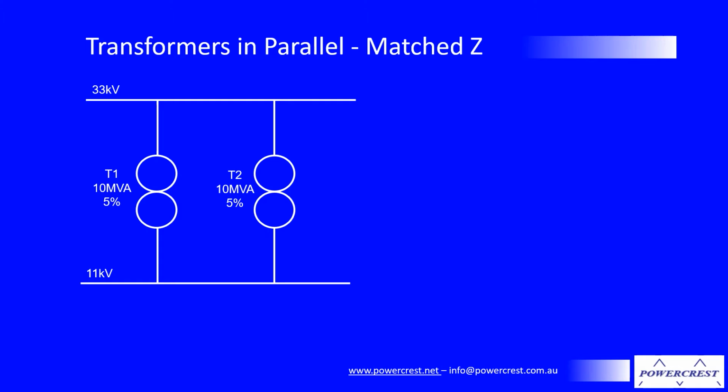Right, here we have two transformers in parallel as our first scenario. 33 to 11 kV, T1 is a 10 MVA transformer, 5% impedance. T2 is 10 MVA as well, 5% impedance. Right, now let's calculate all our ohmic impedances at 33 kV.